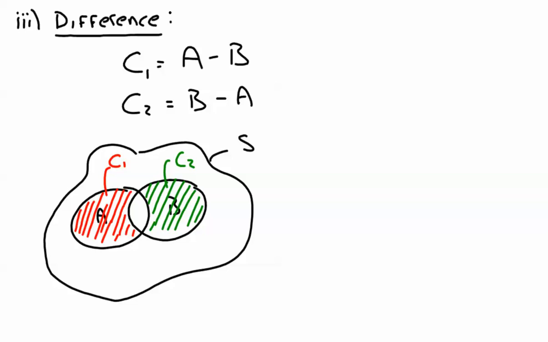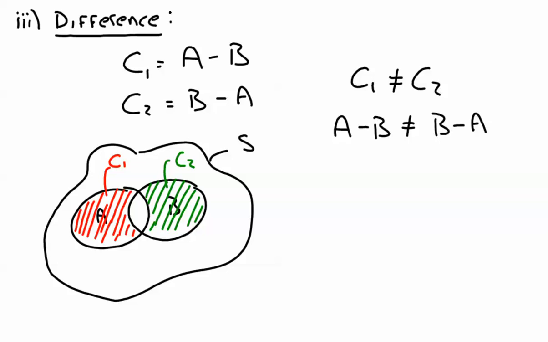And we can see in general that the difference operation is not commutative. So in general, C1 is not equal to C2, meaning that A minus B is not equal to B minus A. We know that to be true from just basic algebra. We'd get a minus sign in there somewhere.